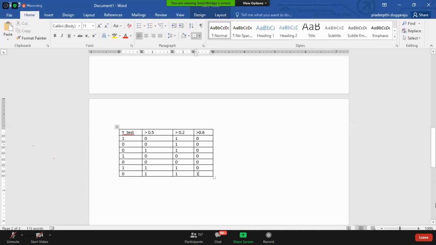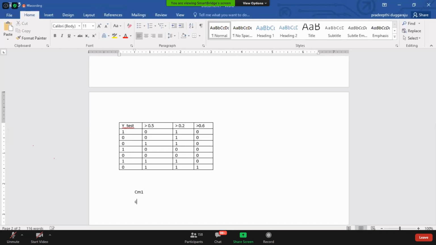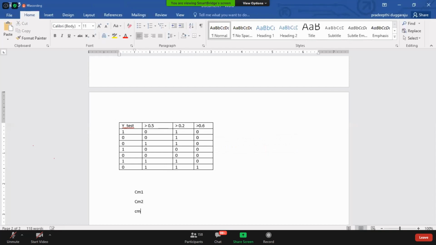Yes? Did you understand? Now, the confusion matrix between y test and the first threshold becomes CM1. The confusion matrix between y test and this threshold becomes CM2. The confusion matrix between this one and this one becomes CM3.